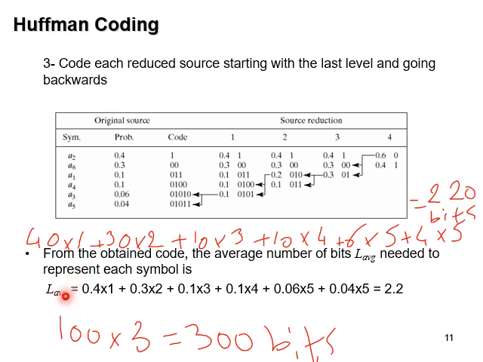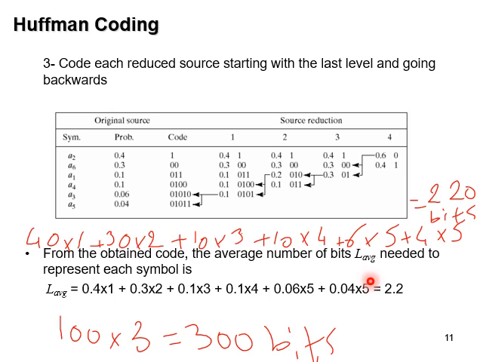We obtain L average by multiplying the probability, in that case 0.4, by 1 bit. So instead of 40 by 1, we just multiply the probability by the length of the code: 0.4 by 1 plus 0.3 by 2 plus 0.1 by 3 and so on. We get 2.2, which is 220 divided by 100, so per pixel you need 2.2 bits on average.